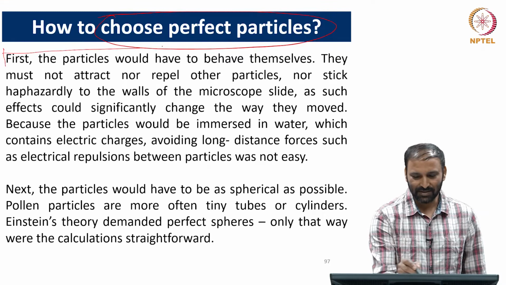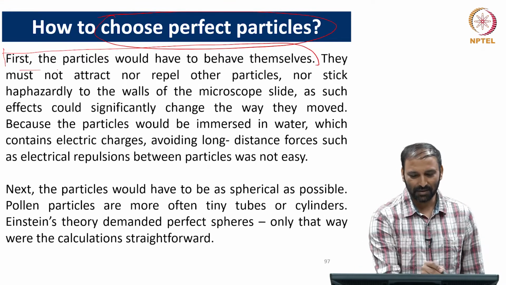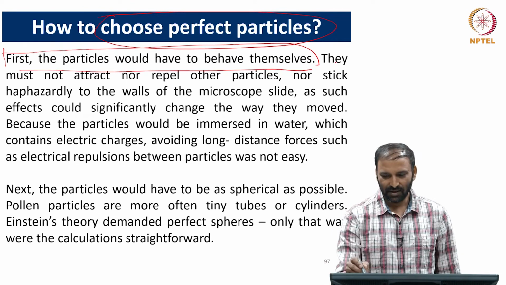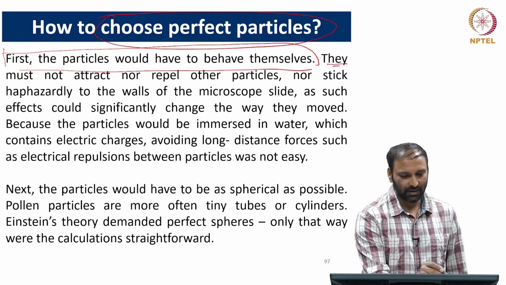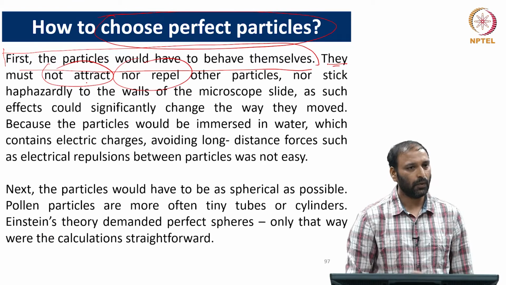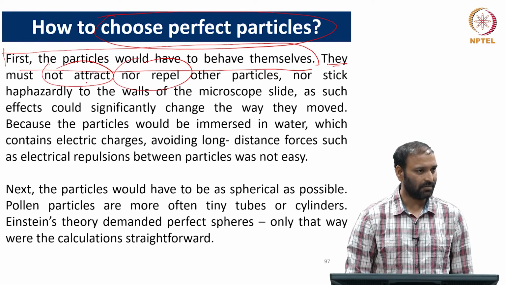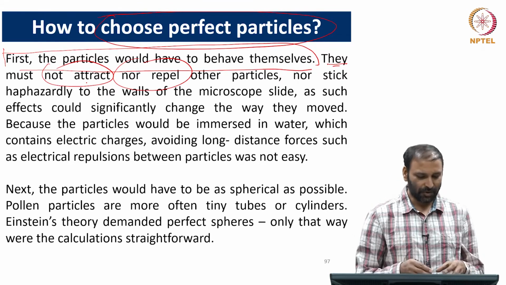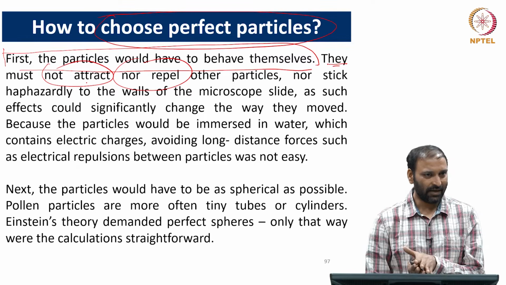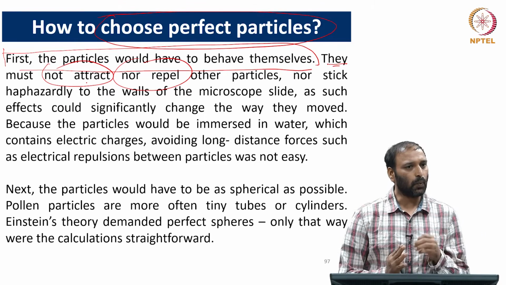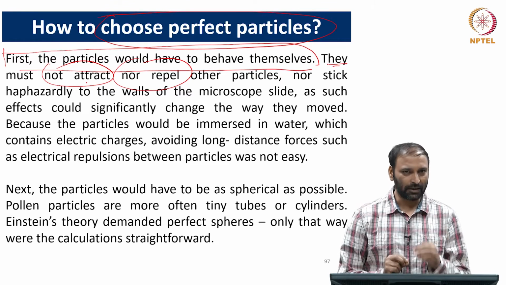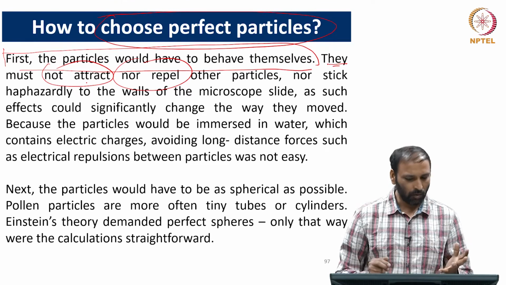First, the particles must behave themselves. That means they should neither attract nor repel other particles in the system, because you are trying to measure Brownian motion of particles. This is typically done with a very dilute fluid, meaning the concentration of your particles in the fluid is very, very low.